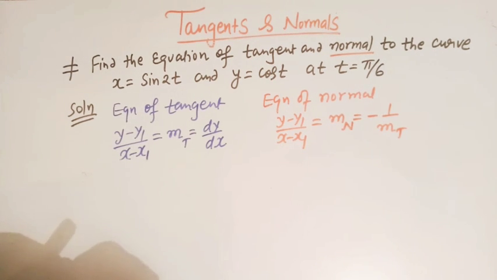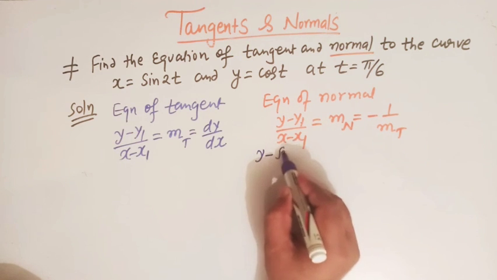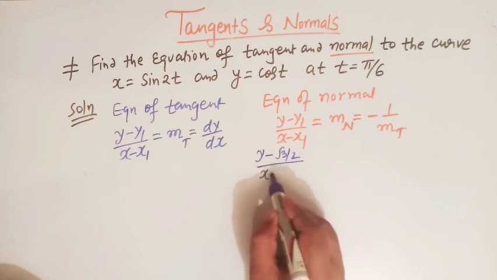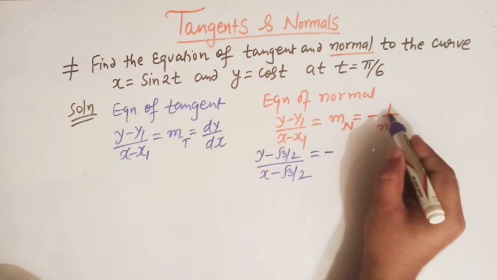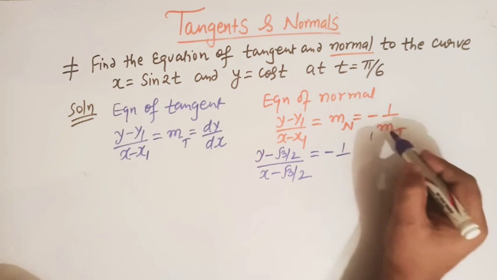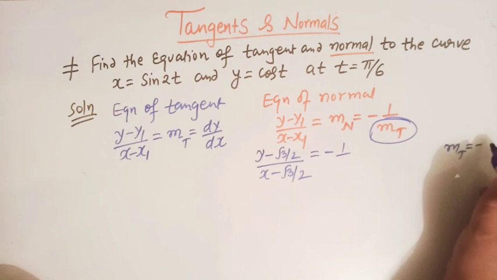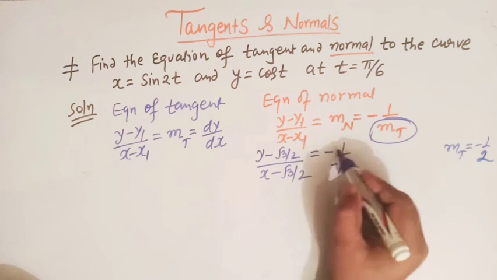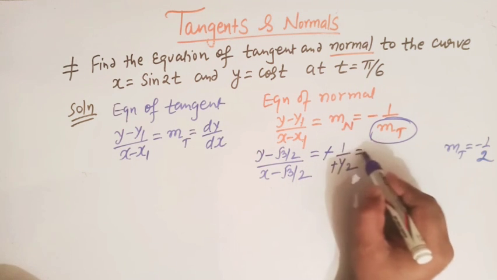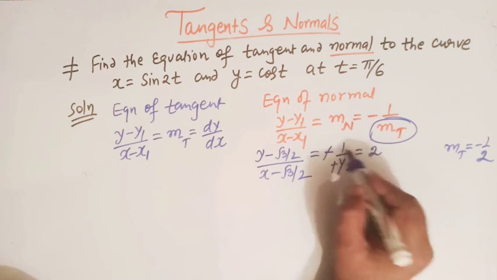So here if we substitute the values, we have y minus root 3 by 2, and x1 is again root 3 by 2, and here we have minus 1 over the slope of the tangent we have just calculated, which is minus 1 over 2. Minus and minus get cancelled, so we have 2. This 2 will go to the numerator, right?